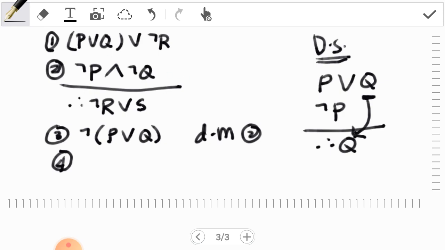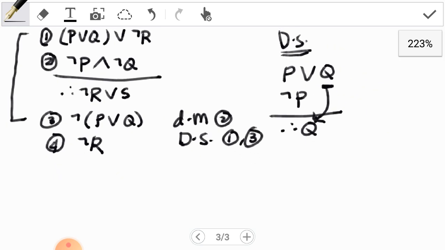Therefore, naturally, if you will use 1 and 3, we can have syllogism. Isn't it that we have P or Q here? This is not P or Q. Therefore, our conclusion is not R, using disjunctive syllogism of line number 1 and line number 3.